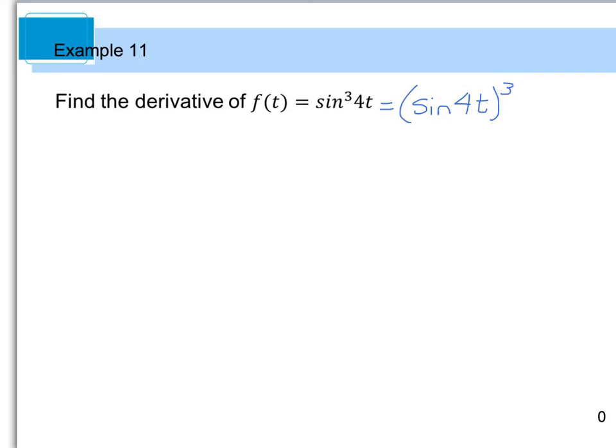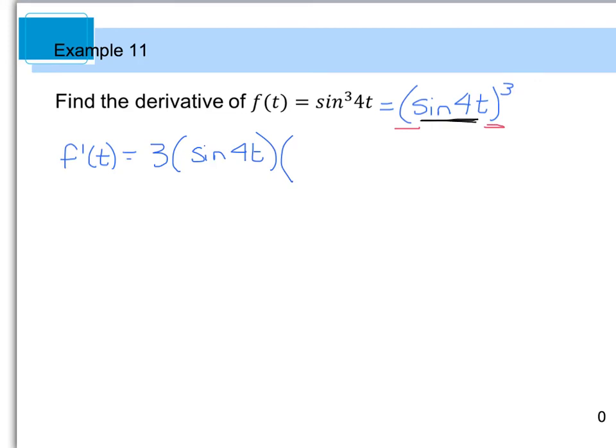So when I go to take the derivative, f prime of t is going to equal the derivative of the outside, which is going to give us 3 times the sine of 4t. And that derivative of the outside is really pertaining to the stuff in parentheses to the third power. Then I'm going to multiply that by the derivative of the inside, and the derivative of the inside is pertaining to the sine of 4t.